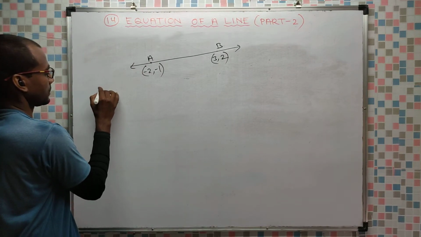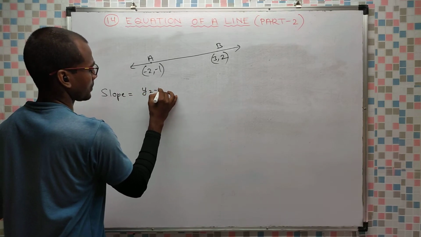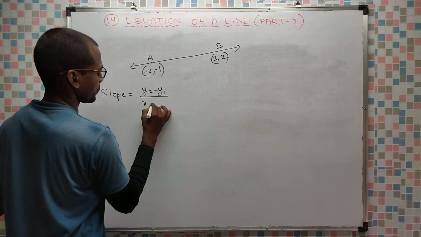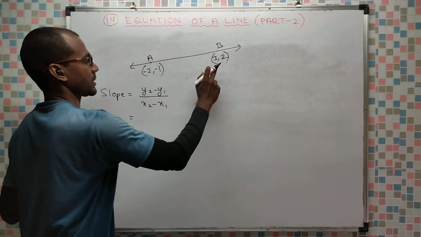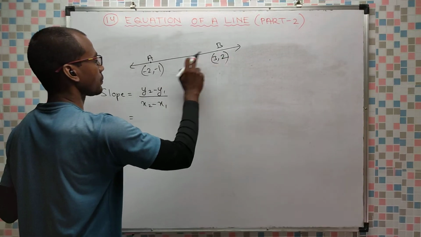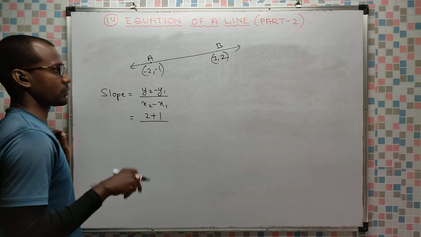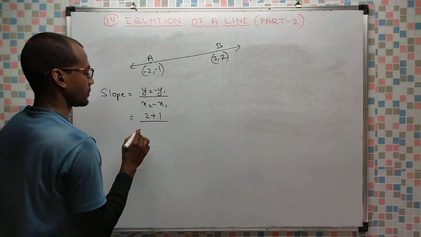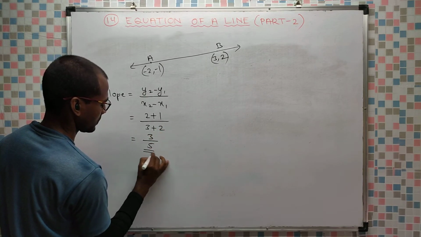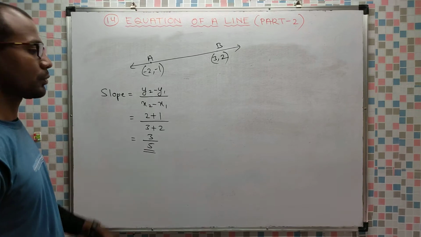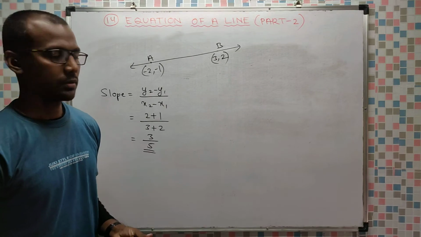So slope is equal to, we know the formula, y2 minus y1 by x2 minus x1. This is x1 y1, this is x2 y2. So y2 minus y1 means 2 minus -1 or 2 plus 1. x2 minus x1 means 3 minus -2, that is 3 plus 2, that is 3 by 5. Slope is positive, so the line would be like this. Moving up.